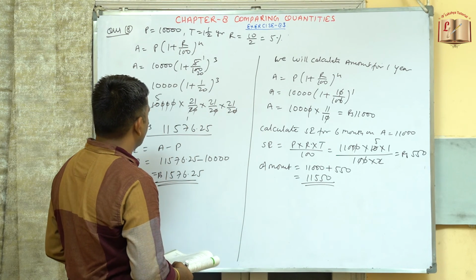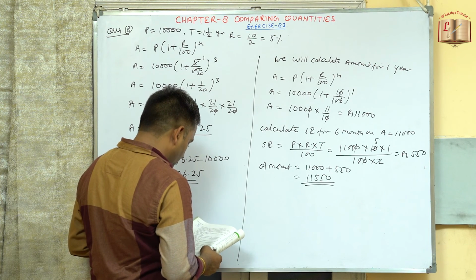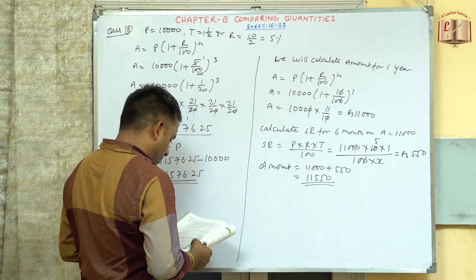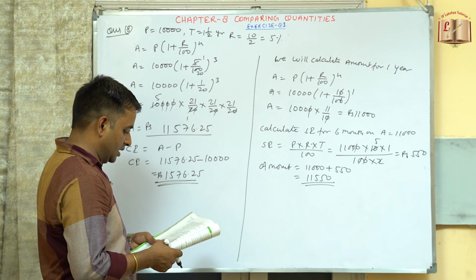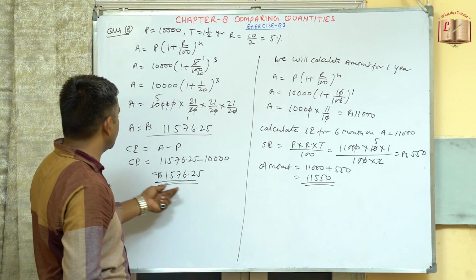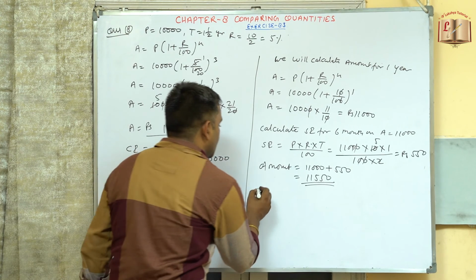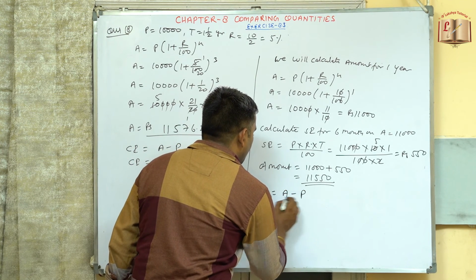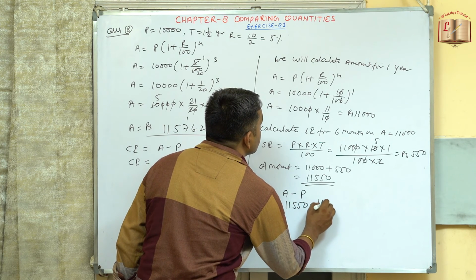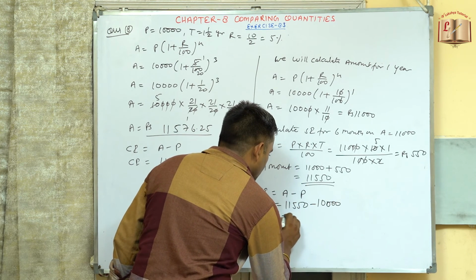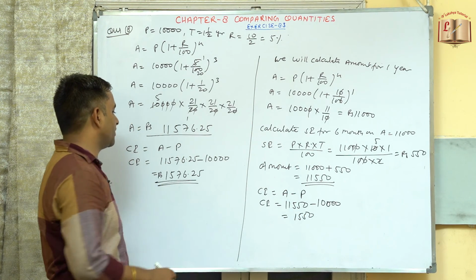Now we need to find the extra amount, that is, in which case the interest would be more. In the first case the CI is this, and in the second case we will find the CI as again A minus P. So CI in this case will be 11,550 minus 10,000, which is 1550, and here it is 1576.